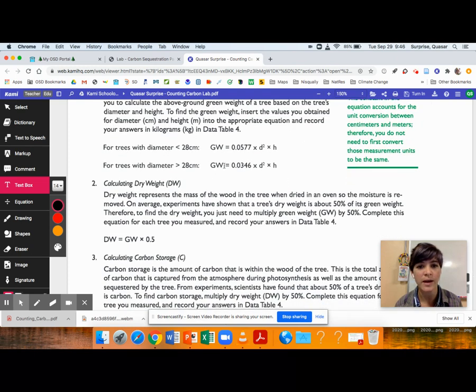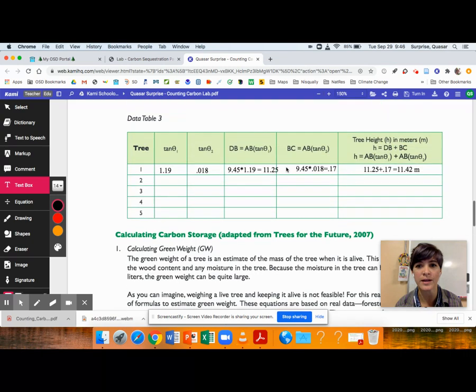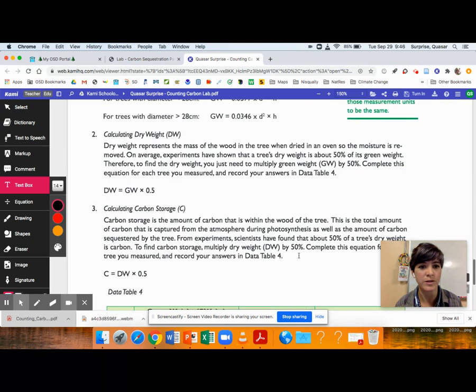So the green weight of that tree equals 0.0346 times my diameter, which is 33, squared, times its height, which we just calculated is 11.42. Okay, so I'll put that in the chart down there so you can see it.